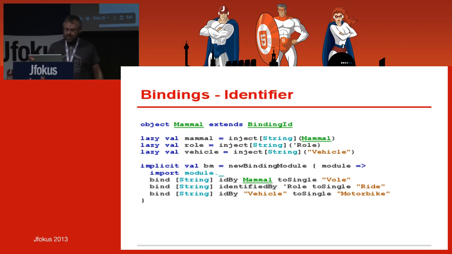You can also use, these were from 1.0, and I didn't want to remove them, and they're still occasionally useful if you're just doing a quick and dirty thing, a symbol or a string, and they're all interchangeable. So if I used mammal here as a binding ID, but I also referred to it as a string, mammal, those are the same thing. They bind to the same thing.